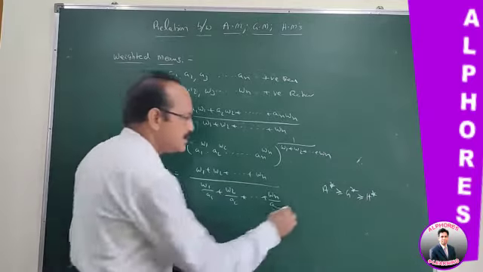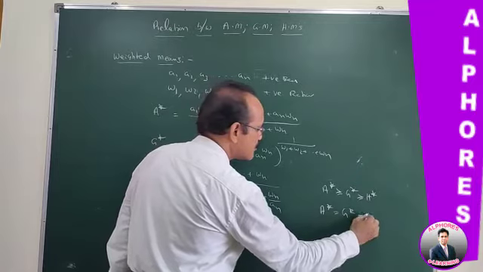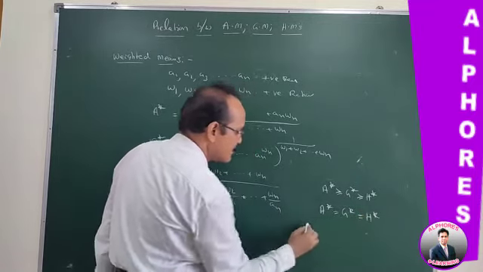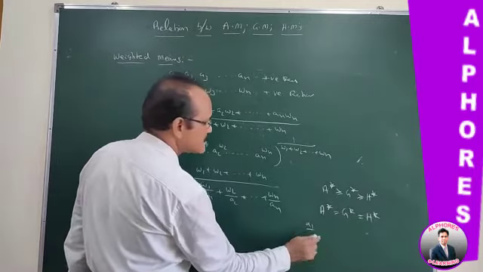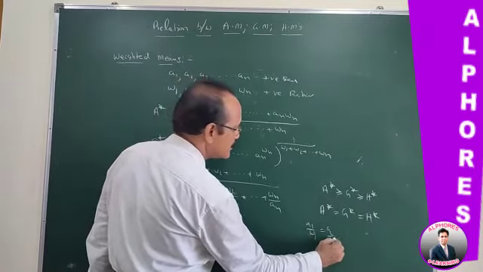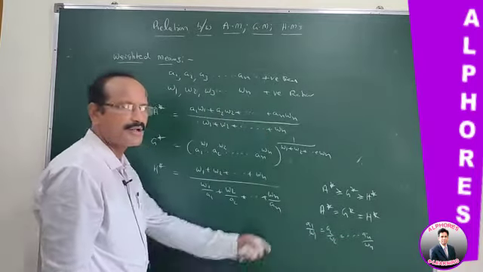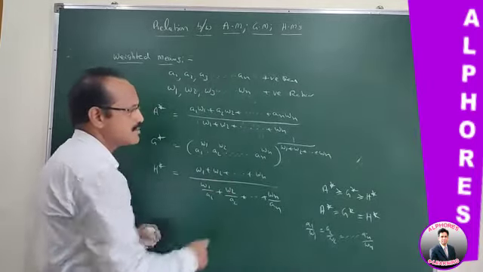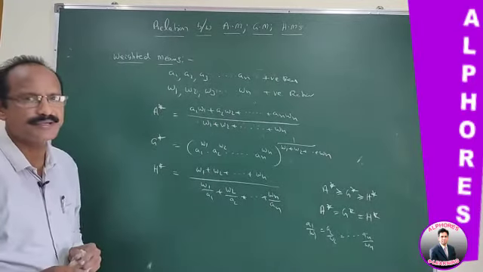Of course, the equality sign also occurs in the case where A1 by W1 is equal to A2 by W2 is equal to so on An by Wn, all the same. Right, this is an important point.